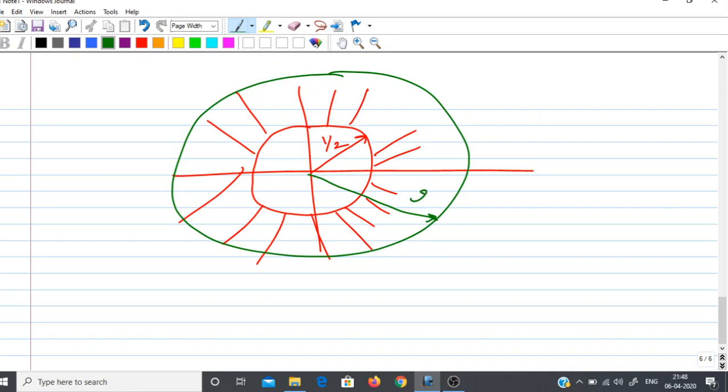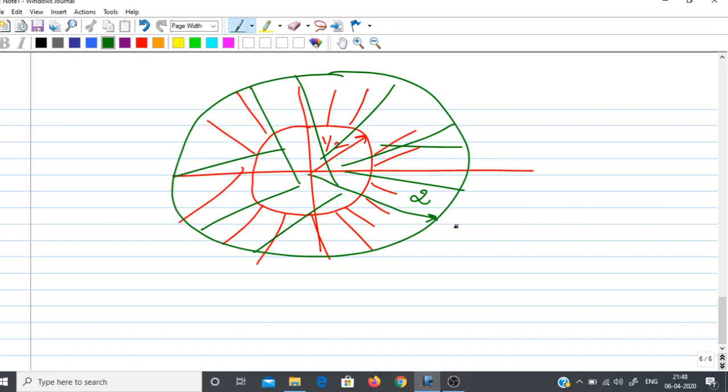But what is the ROC? It is mod Z less than 2, which would be the interior region of this circle. So do we have a common region where both the components are converging together?